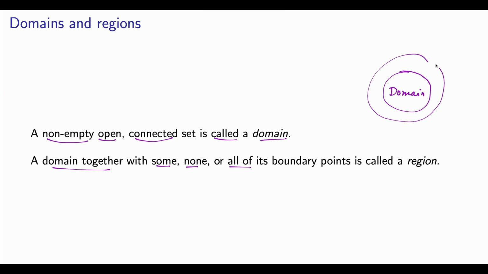And this is a region. So a region is a bigger set actually. Every domain is also a region, because a domain with none of its boundary points, right? And open connected domains. Okay.